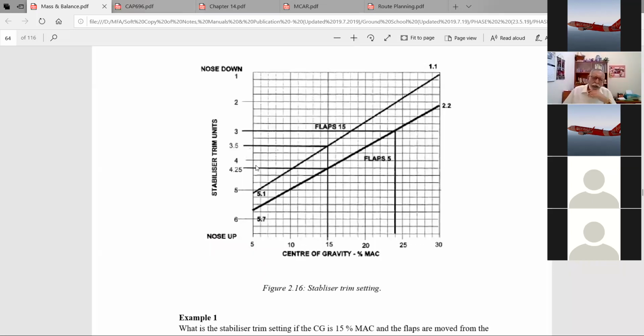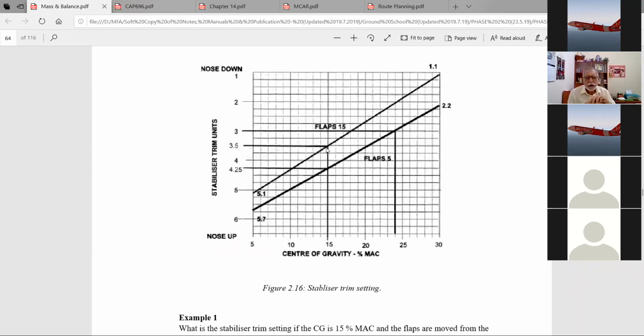So that is the position, and I must check that my flaps are 5 degrees. My trim is nose down 4.25. Suppose I increase my flaps to 15 degrees that day for takeoff. We know that flaps can generate lift as well as generate drag.